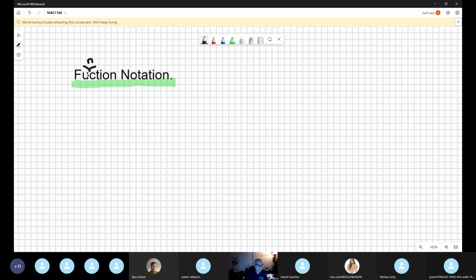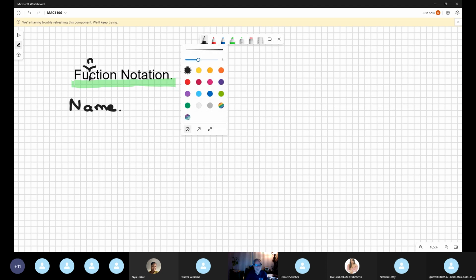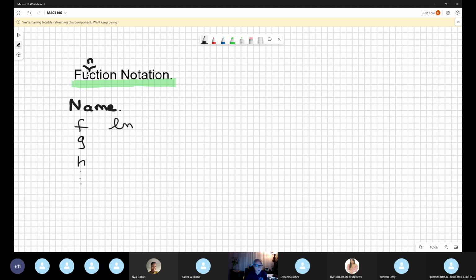The idea is you define one name of the function. The classical names of the function in algebra are f, g, h, and so on. One letter. Sometimes we use two letters, like ln, which we study in the next chapter.